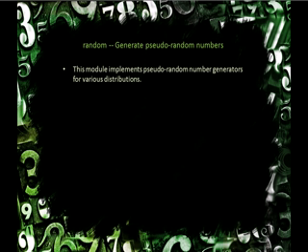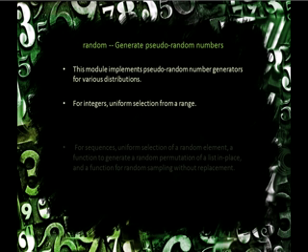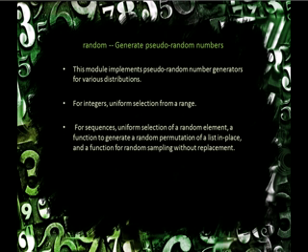Generate pseudorandom numbers. This module implements pseudorandom number generators for various distributions. For integers, uniform selection from a range. For sequences, uniform selection of a random element, a function to generate a random permutation of a list in place, and a function for random sampling without replacement.